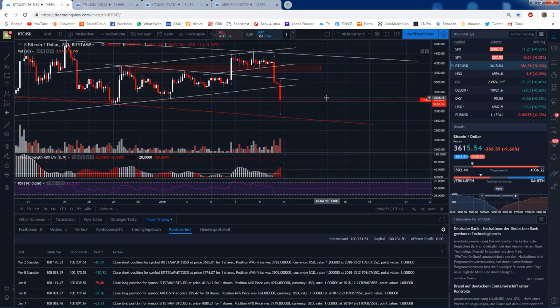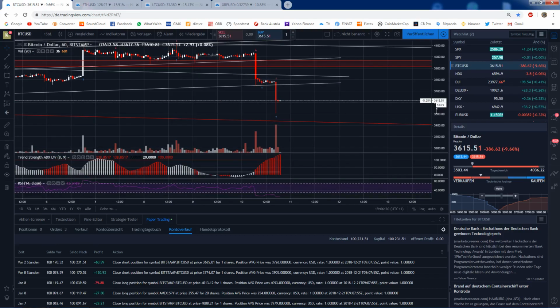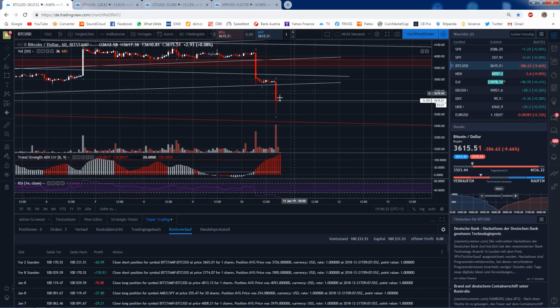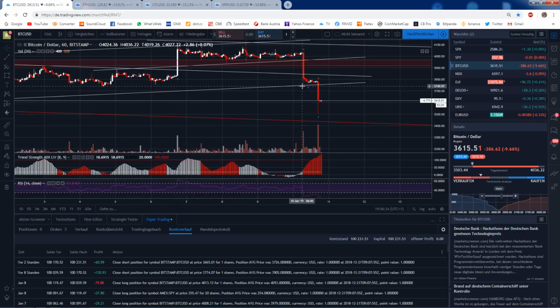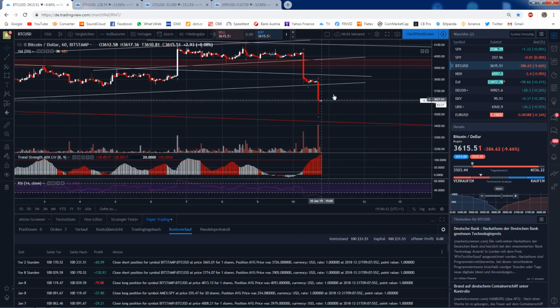And I thought that I would be open for another trade downwards if we break first this resistance, or the support right here, plus this support right here. So I did that, and I entered around 3726, just below this point.